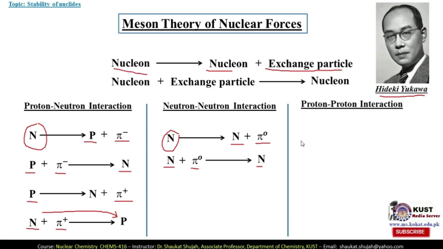Similarly, a proton can interact with a proton, and during this interaction a proton gives off neutral pi mesons, which are absorbed by other protons. So these exchange particles, the negative pi mesons, the positive pi mesons, and the neutral pi mesons, are the mediators, and they are responsible for the existence of nuclear forces.